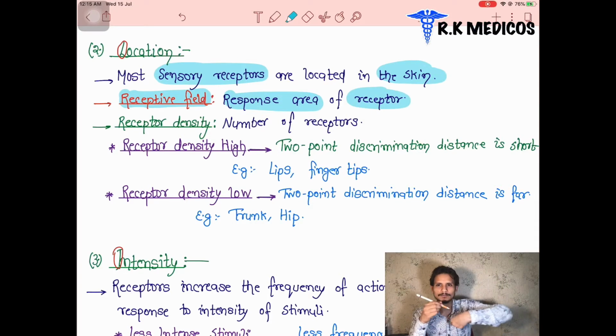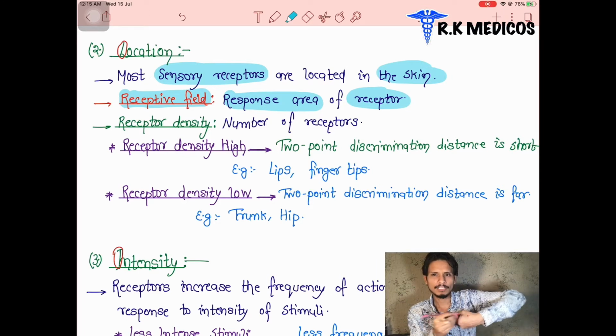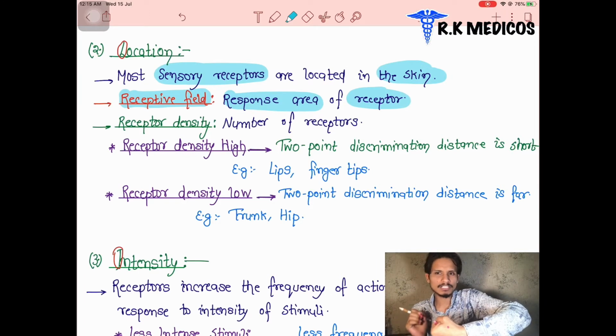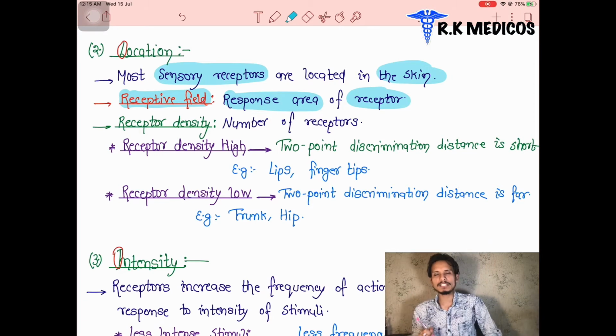Suppose there are receptors located in this area, and this is the area where these receptors show their response. This is the receptive field of that receptor. Suppose here is the region where the receptors are located, and this is the whole area the receptor is covering. This is called the field of these receptors, or the receptive field.